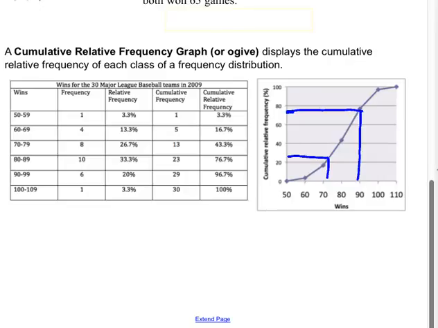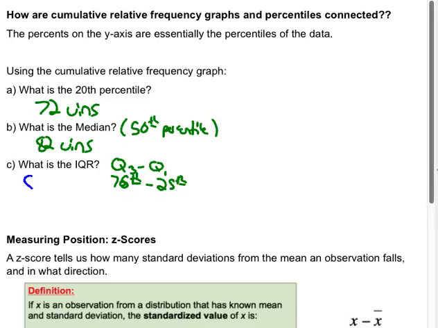Again, this is not exact, this is just roughly. So 89 minus, we said maybe 72, 73. So the interquartile range is going to be about 17. I could label that 17 wins. It's going to be the interquartile range.